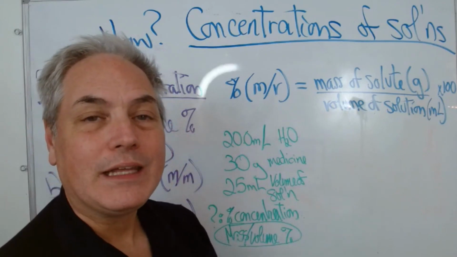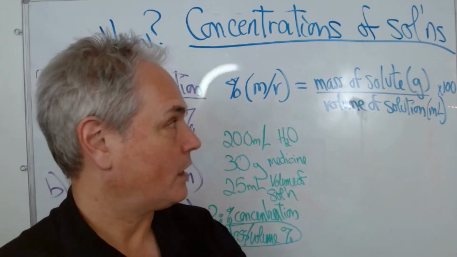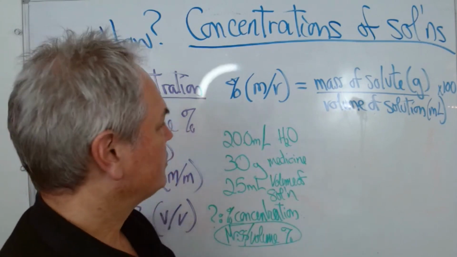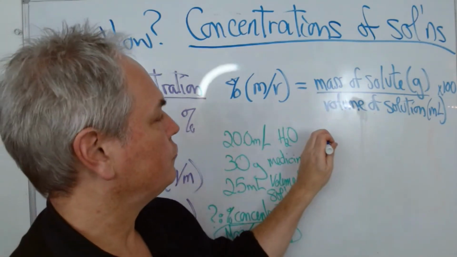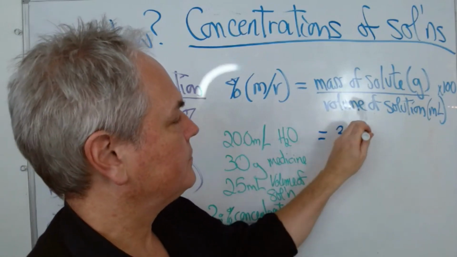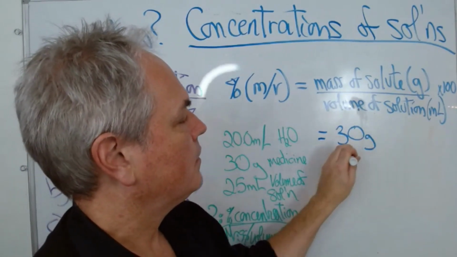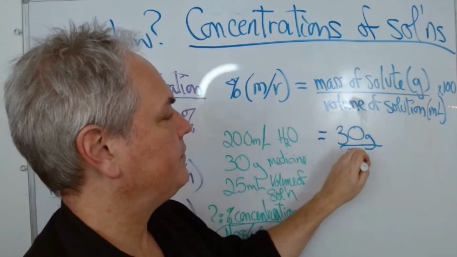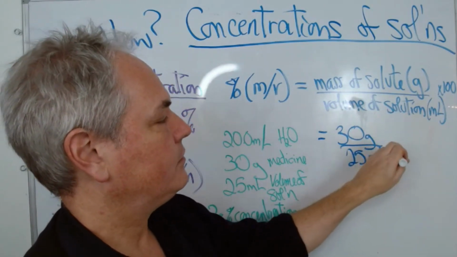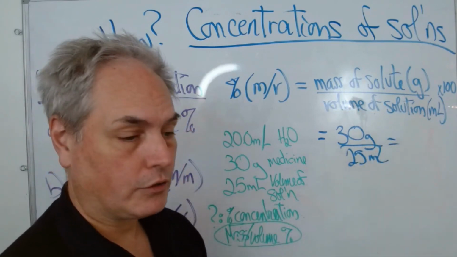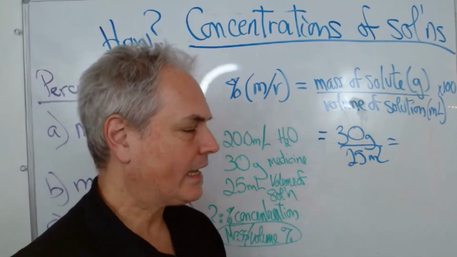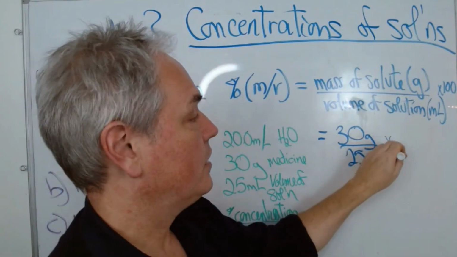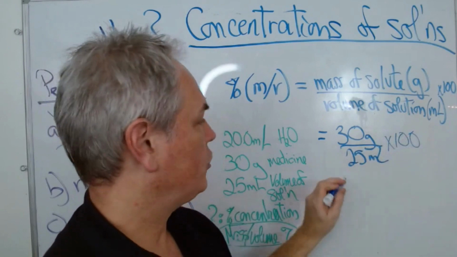So let's see if I can put the information here for this problem. If I'm looking for the percent concentration, we have the mass of the solute, which is 30 grams, divided by the volume of the solution, and we have here 25 milliliters. If we are to do the calculations, I did that in my booklet. Oops, I forgot, we're looking for percentage, so times 100.